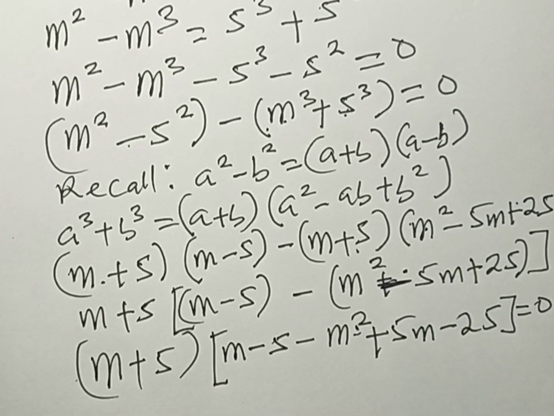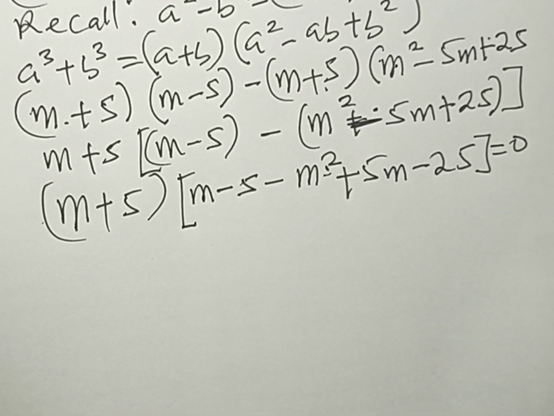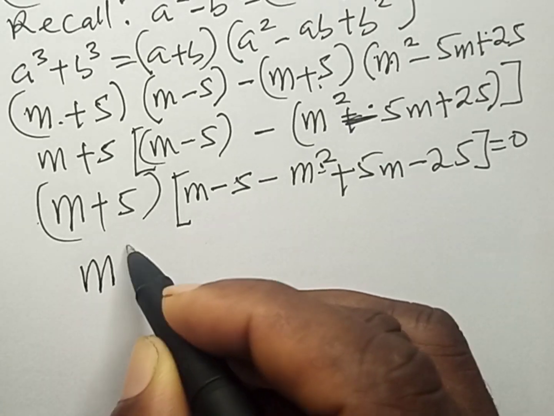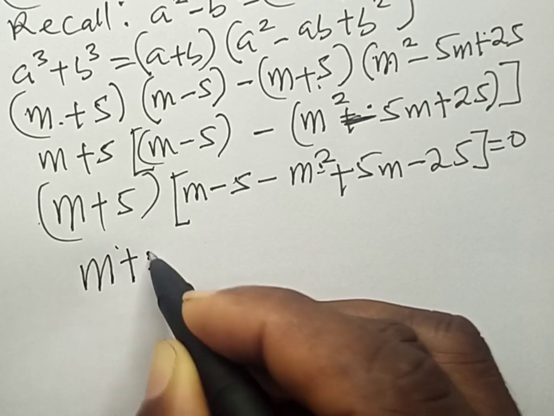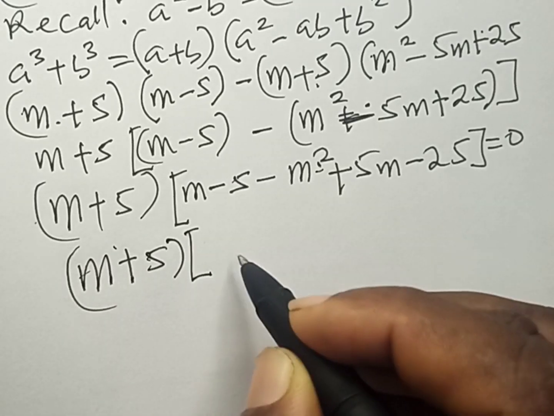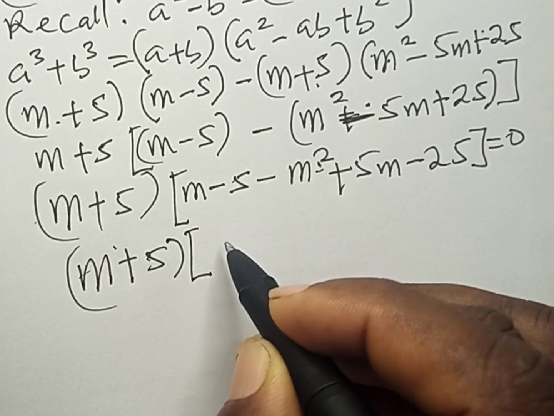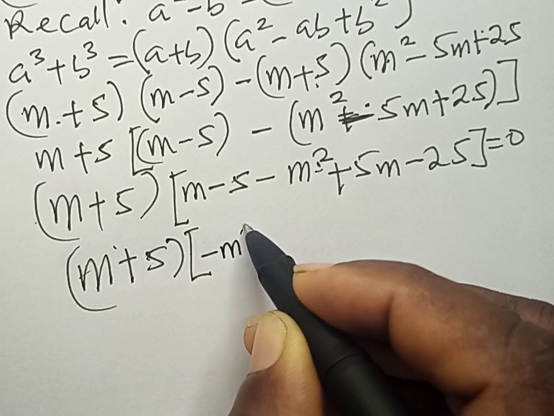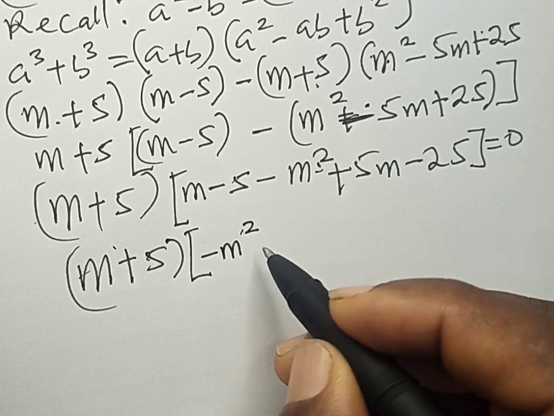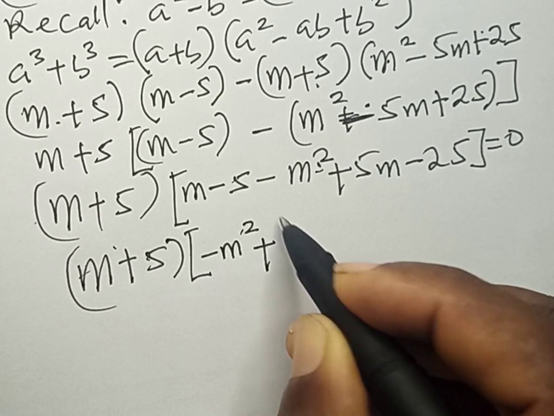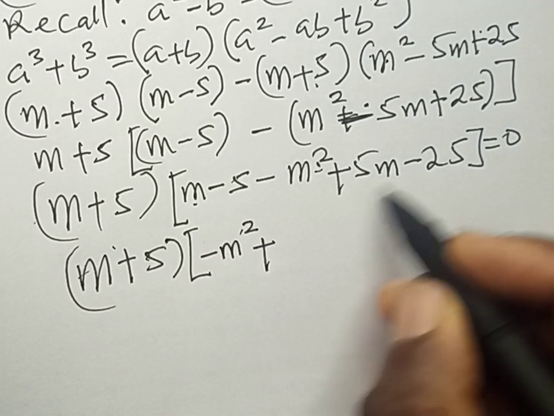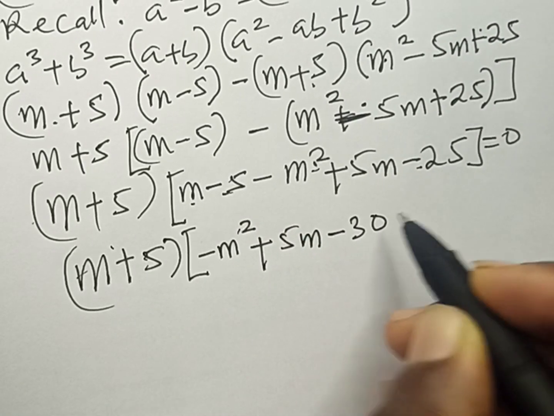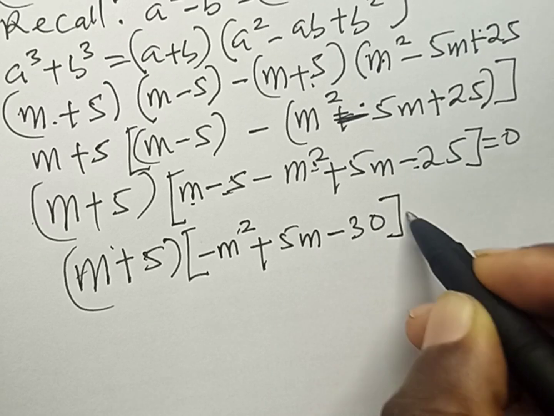So what we are going to have now is m plus 5 into, if we collect like terms now, we're going to have m square minus m square, plus 5m plus 5m, we're going to have 10m, then minus 30 equals to 0.